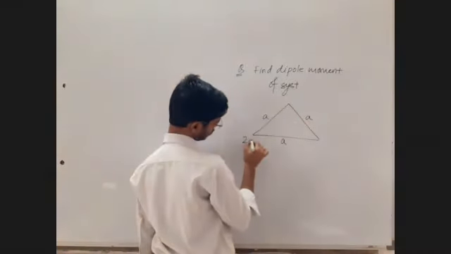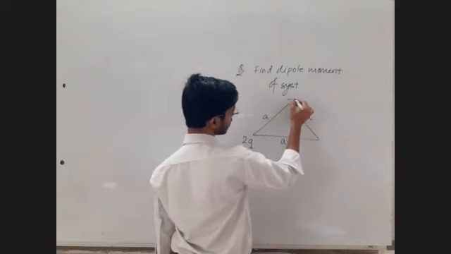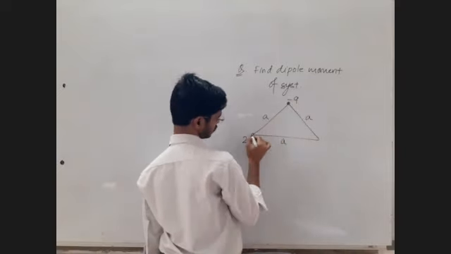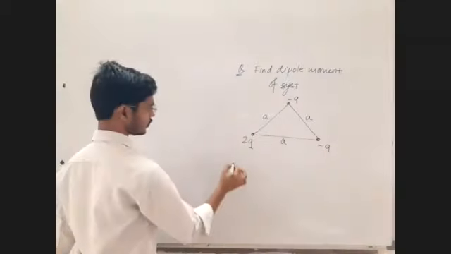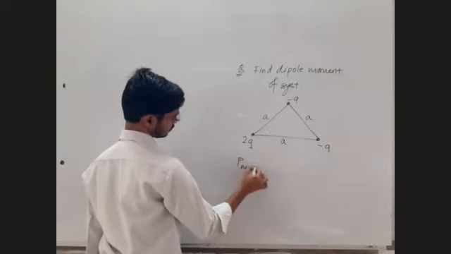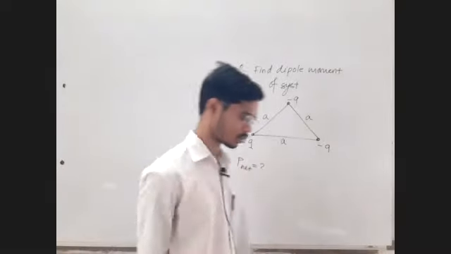Here the charge is 2q, here the charge is minus q, and here also the charge is minus q. So the net dipole moment of the system, in magnitude, is equal to what?